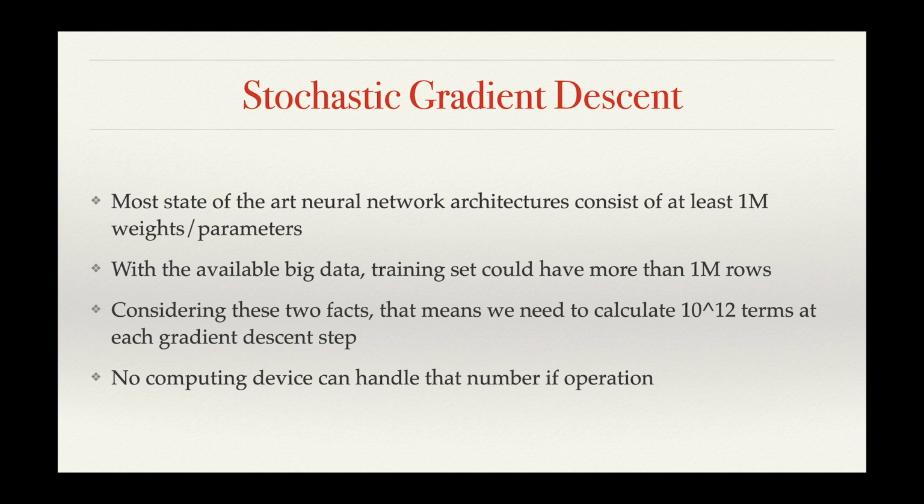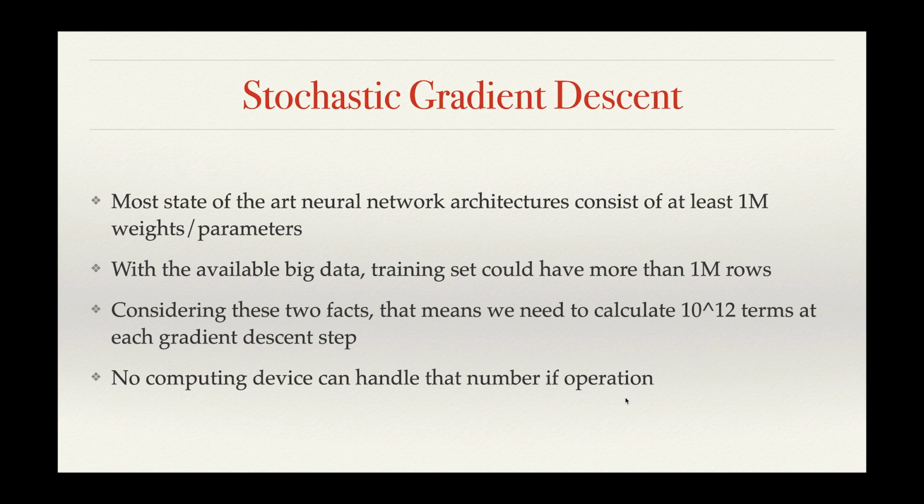But we also have big data: training sets that consist of 1 million rows or even 100 million rows, like 100 million images. Considering these two dimensions, the number of weights and the number of samples, we need about 10 to the power of 12 terms at each gradient descent step.